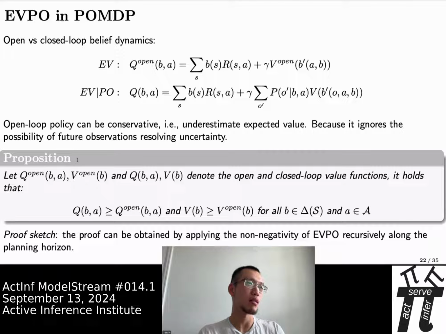Again, the non-negativity of the value of perfect observation applies in this setting, because as you increase the planning horizon, you are accruing the non-negativity of value of information along your planning horizon.